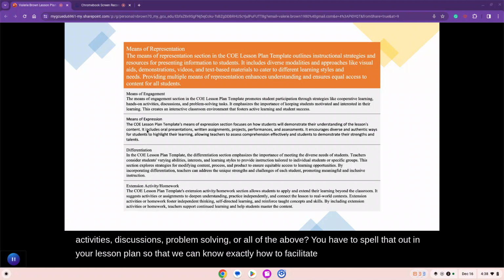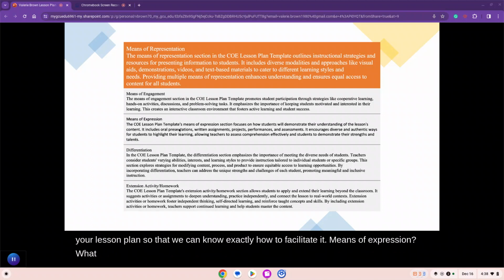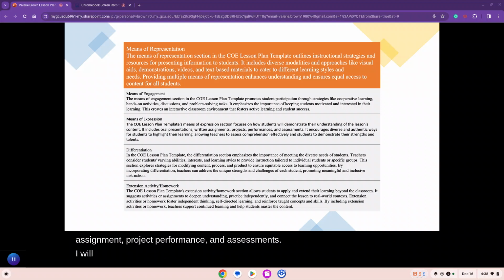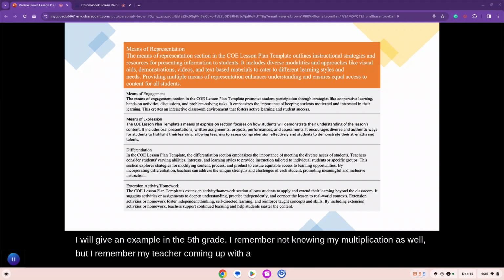Means of expression. This part of the lesson plan focuses on how the students will demonstrate their understanding of learning and content. It includes oral presentation, written assignment, project, performance, and assessments. I will give an example. In the fifth grade, I remember not knowing my multiplication as well, but I remember my teacher coming up with a creative way for us to learn it.